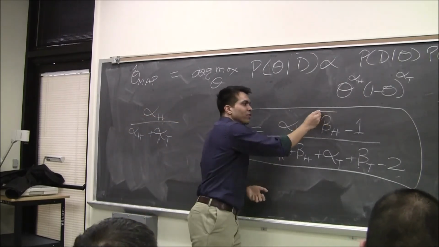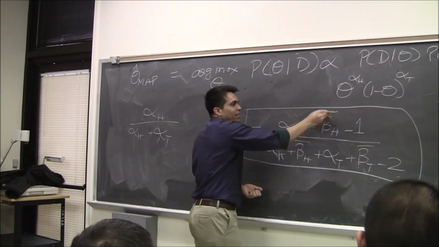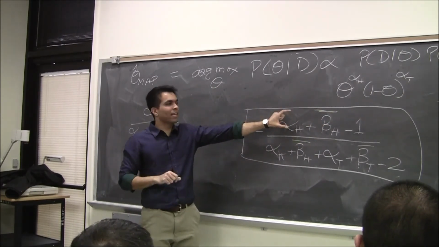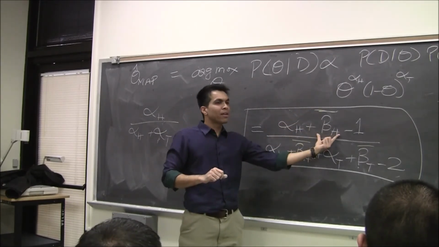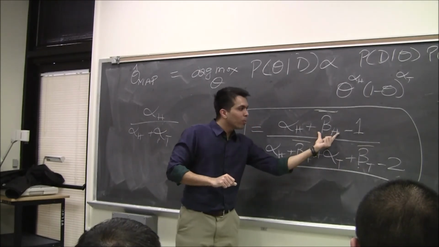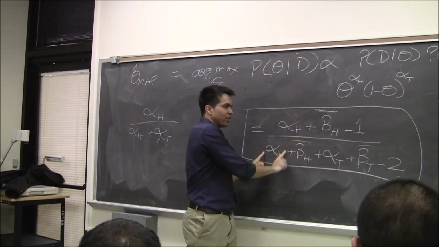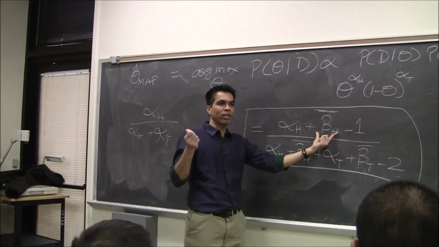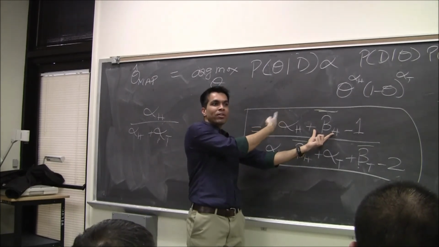The way to think of the beta heads and tails is as pseudo counts. These are counts that happened before your experiment started. If I made this number 10,000 and this number 1, before you see any data you start off with a very heavy bias: the coin is biased towards 1. And then it takes you a lot of data to overcome that bias.